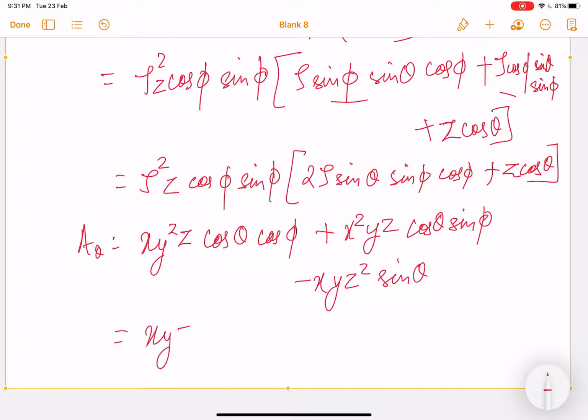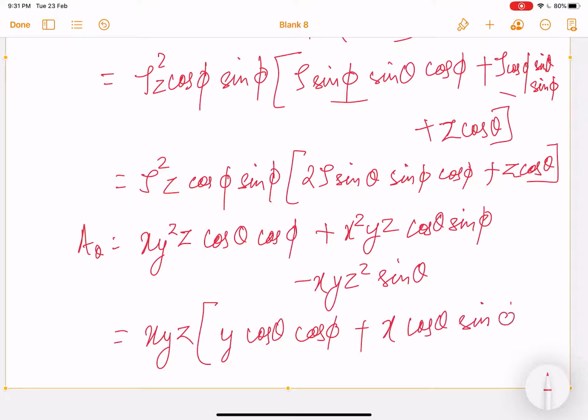Okay, xyz common: y cos theta cos phi plus, what do you get? Over here you'll get this term: x cos theta sine phi, minus z sine theta.